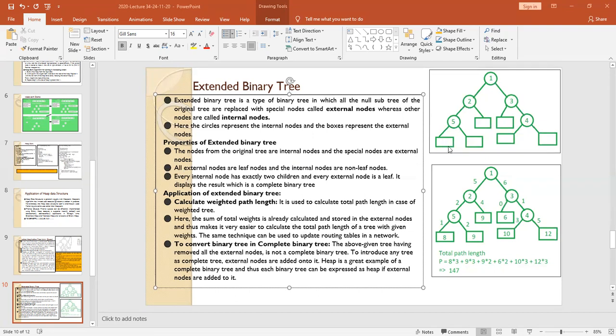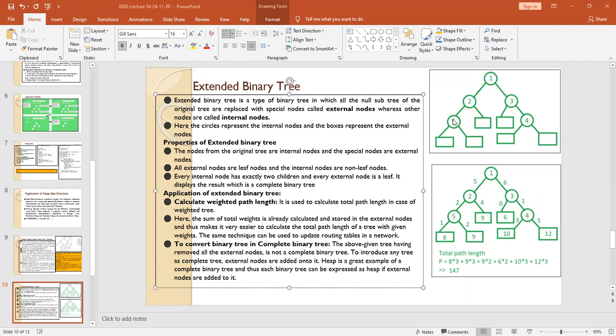You can see here all these boxes mean external nodes, and all external nodes are leaf nodes. All internal nodes are non-leaf because they have one or two children. That's why the things with circles are also called internal nodes, the non-leaf nodes.